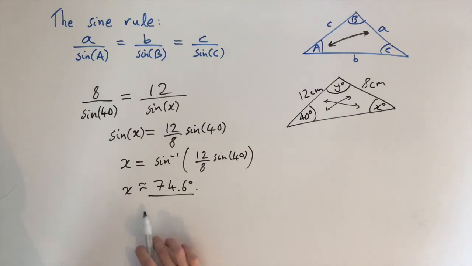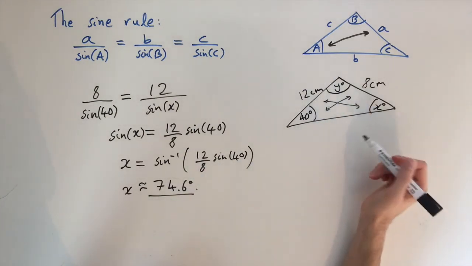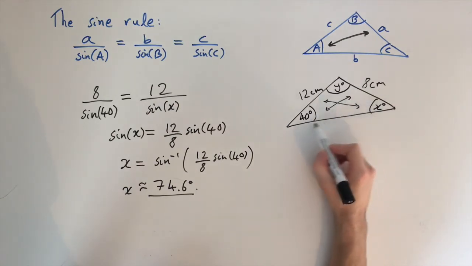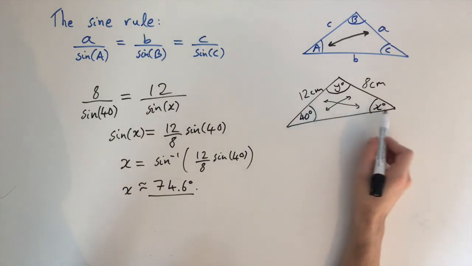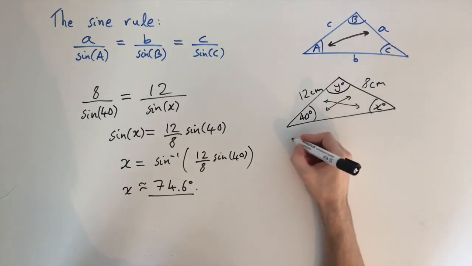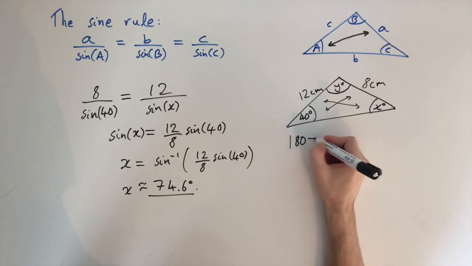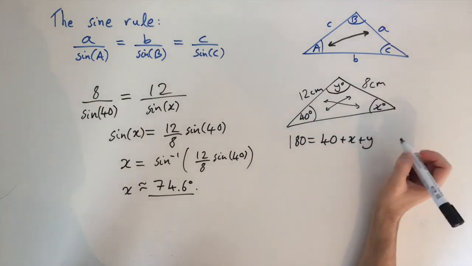Now that we know what x is, we need to find out the missing angle y. In fact, we can't use the sine rule again because we don't have the missing length opposite the angle. But what we do know is that all the angles in a triangle add up to 180 degrees. And this is how we're going to find out what y is. So we know that 180 equals 40 plus x plus y.